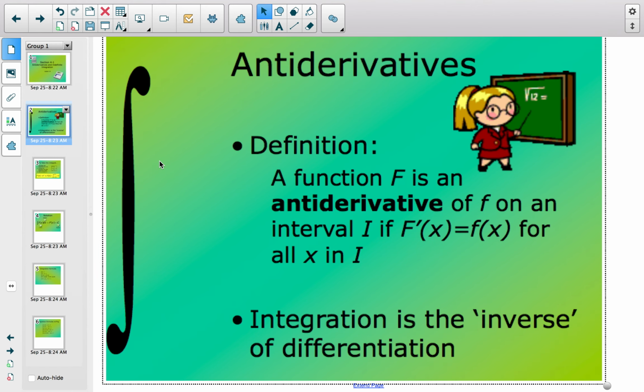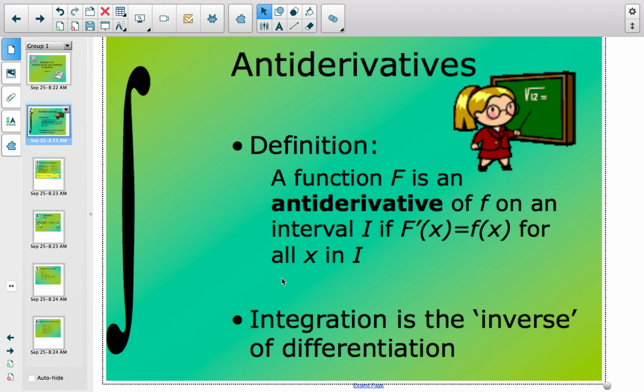Antiderivatives, okay? Just a common, more formal definition for an antiderivative. It says that a function big F is an antiderivative of your regular function if, on that interval I, big F prime of x, the derivative of that antiderivative, gets you back to your original function.